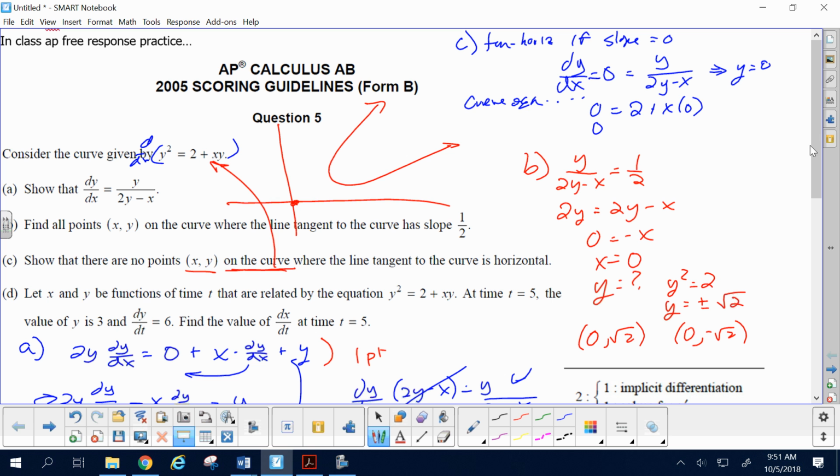Doesn't that simplify to be 0 equals 2? Now that's not true. And therefore, that's what leads you to conclude there is no place where y equals 0. y equals 0 isn't on this curve.